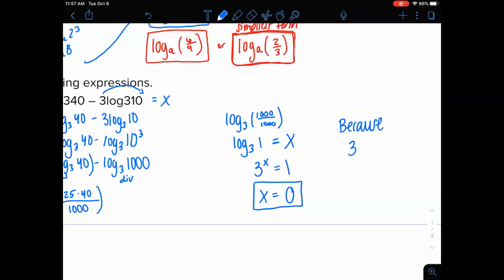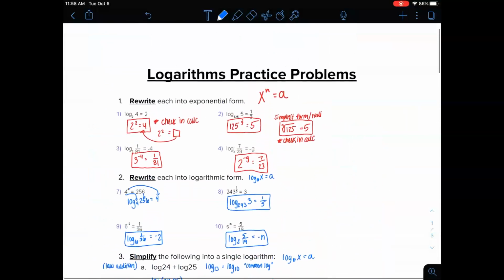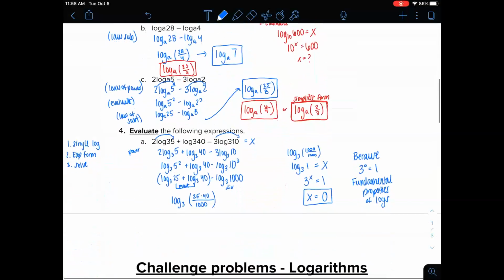Because I can replug this back into my calculator, and it would give me that answer. And this is also one of our fundamental properties of logs. So again, that is the entire practice problems for logarithms here.